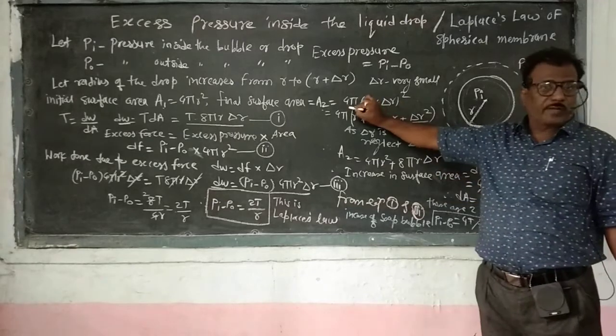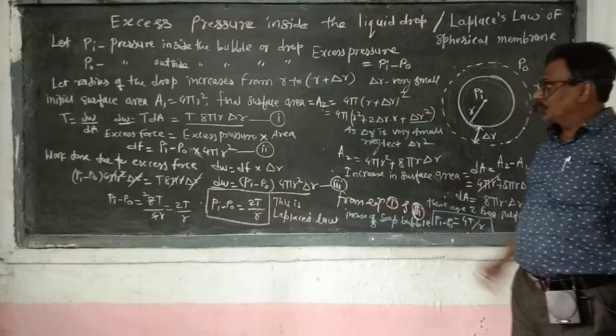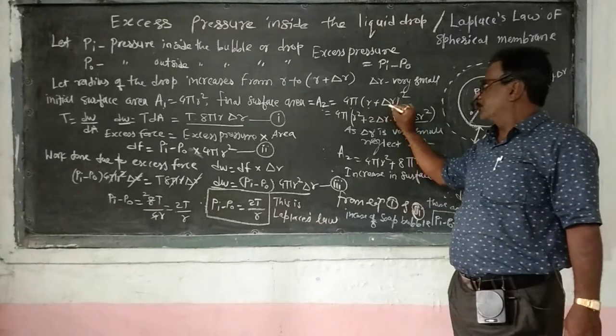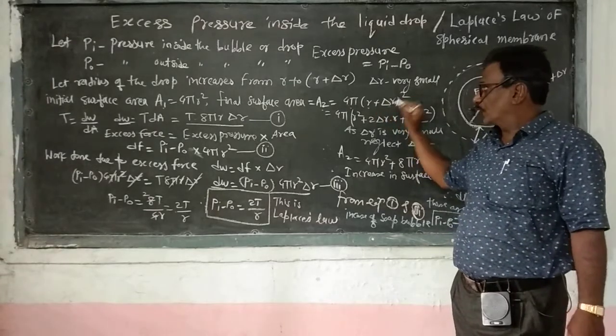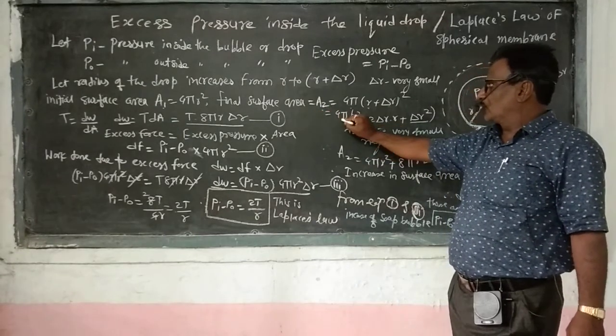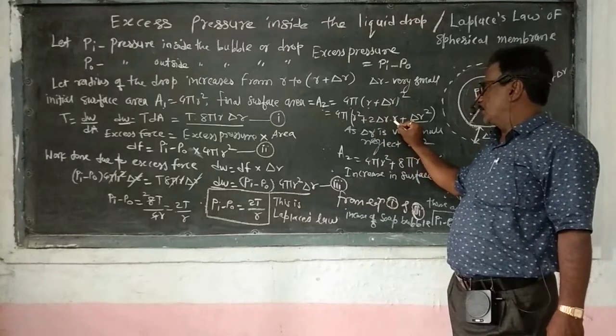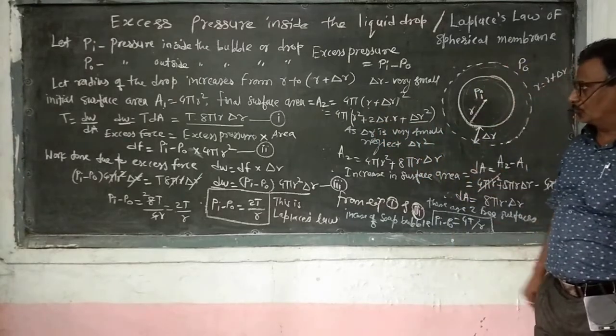Now substitute: 4 pi (r plus delta r) whole square. Using the formula (a plus b) whole square, A2 equals 4 pi r square plus 2 r delta r plus delta r square.